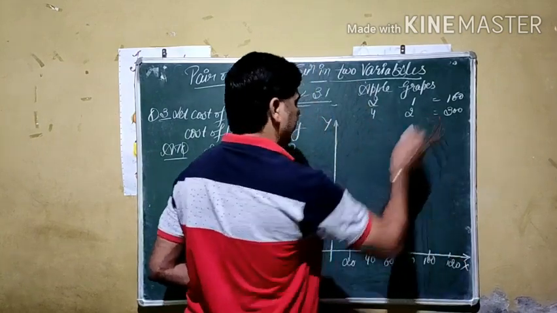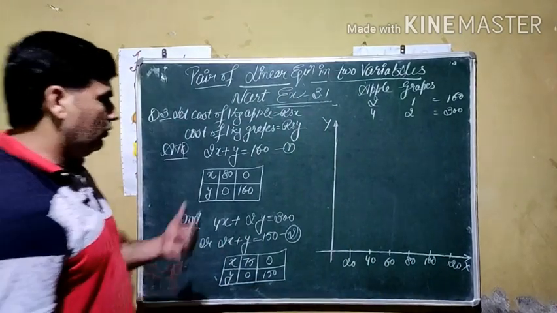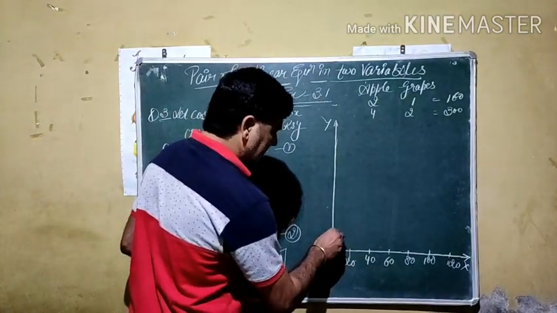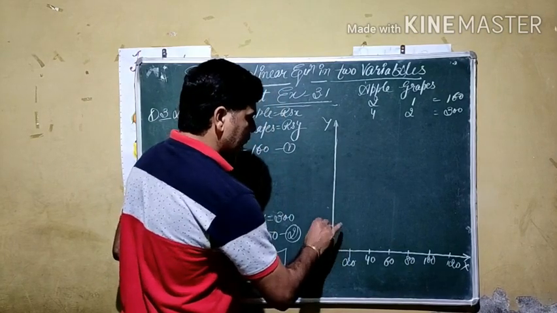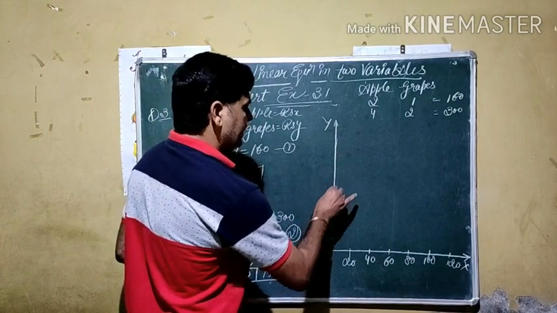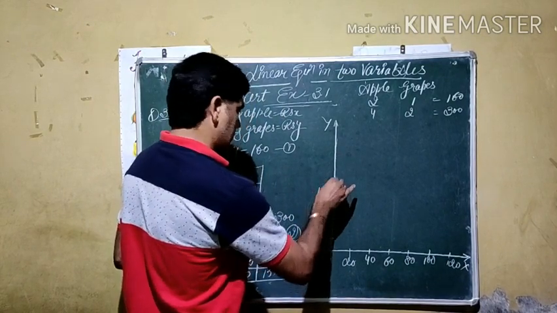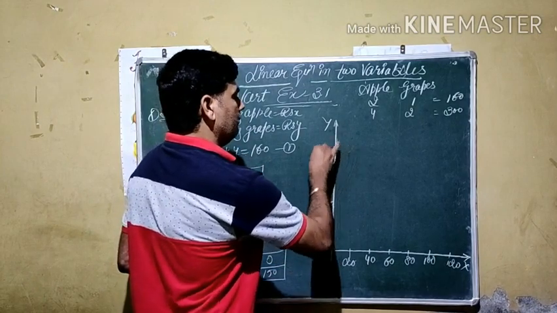We have to mention the scale here: one square box on the x-axis is equal to 20. On the y-axis we are also taking 20, but with a small gap according to the space provided: 80, 100, 120, 140, 160.